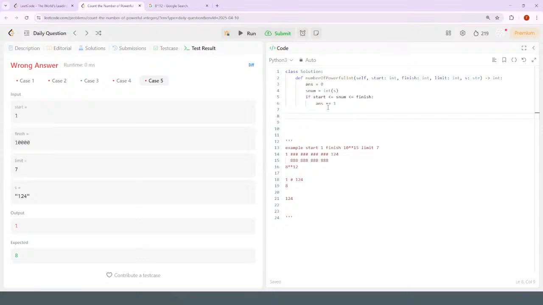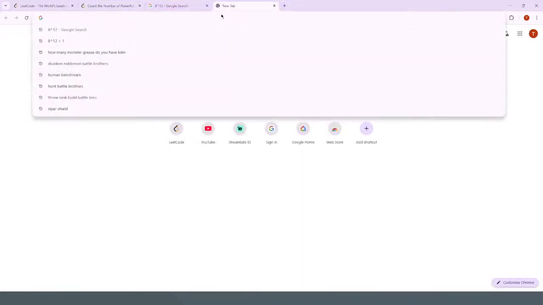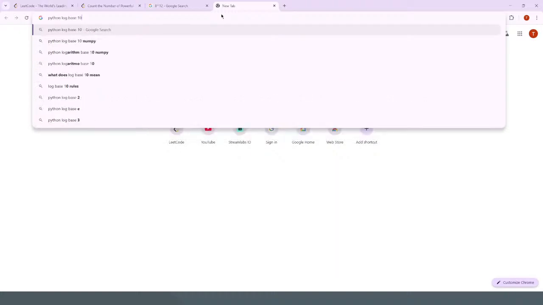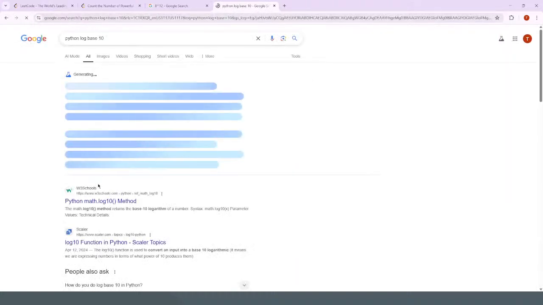So I'll do something like, let's say finished digits is going to be the integer of the log of the number base 10. Is that a thing in Python? This Python log base 10. What is the actual?